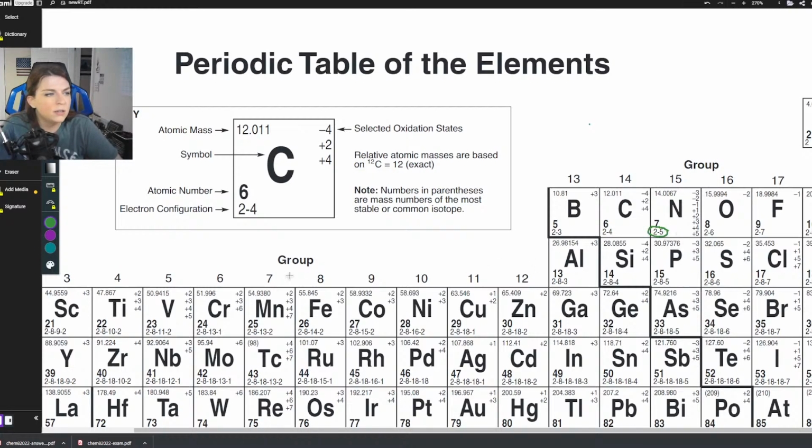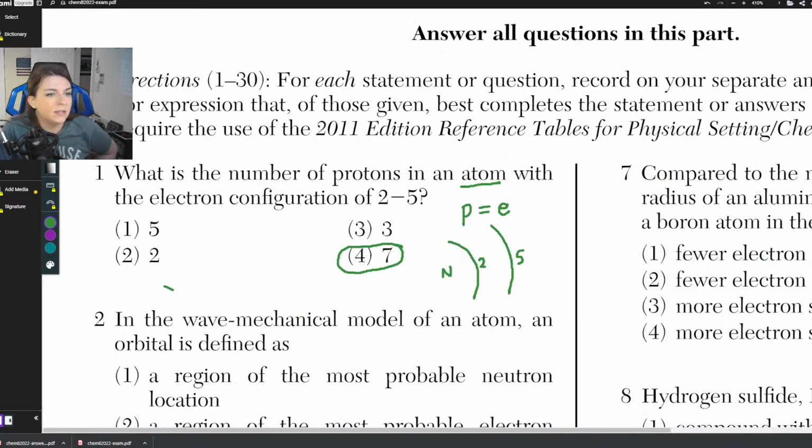We have a key right here that tells us that that's the electron configuration. 2-5 is going to have 7 protons because it's got atomic number 7. The atomic number 7 tells you, hey, this is nitrogen, and nitrogen has 7 protons. If it didn't have 7 protons, it wouldn't be nitrogen. And if it has 7 protons, it has to be nitrogen. So that is that very first question.